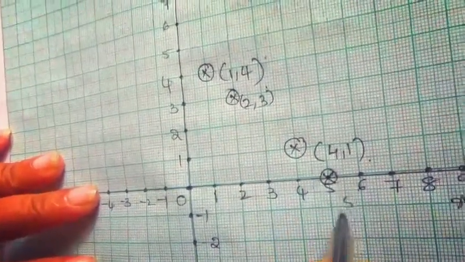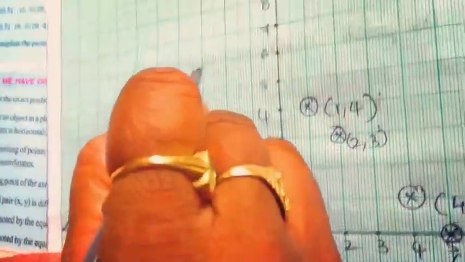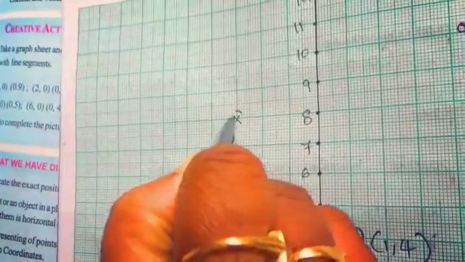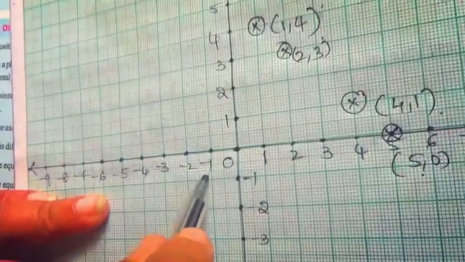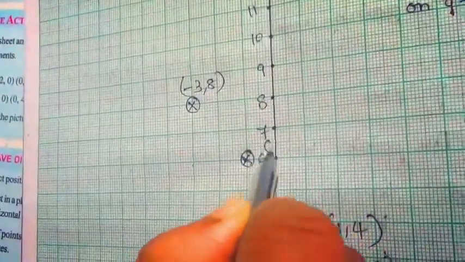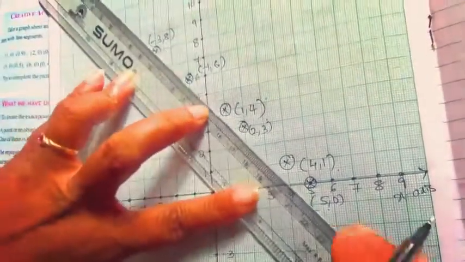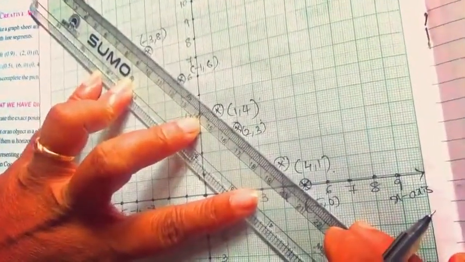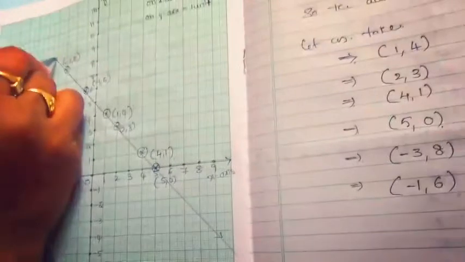Here we have 5, 0. The next point, that is minus 3, 8. Here we have minus 3, 8. Next the point minus 1, 6. Here we have minus 1, 6. Look at here, all the points are in a straight line, which gives it like this. Just like this you will get the graph.